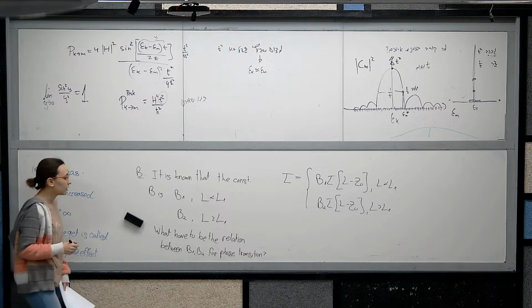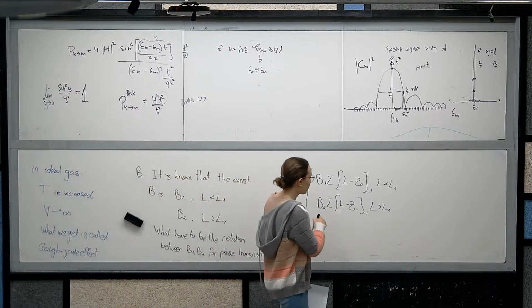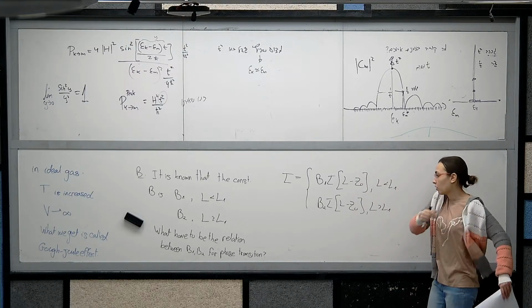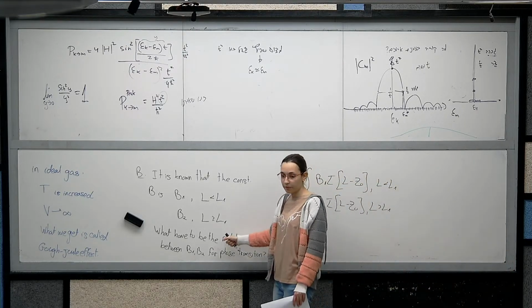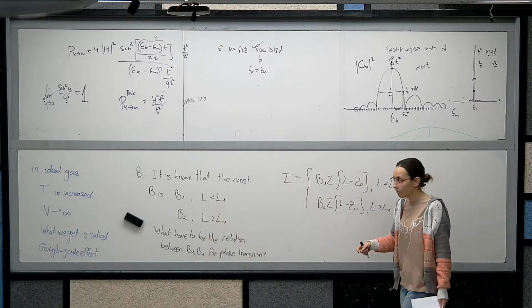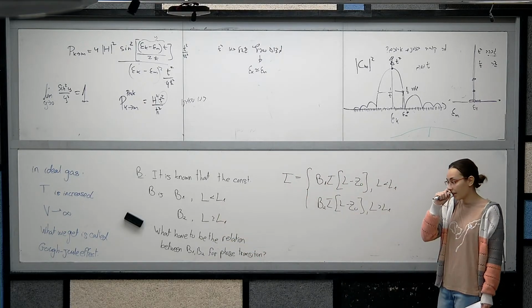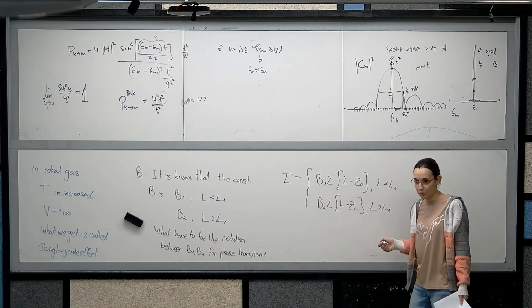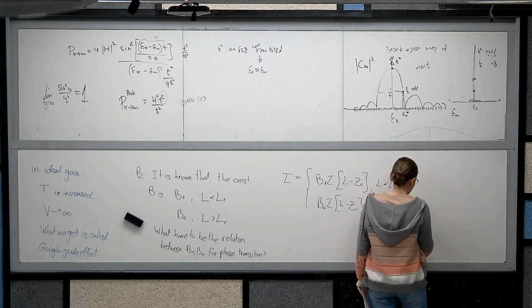So let's draw the behavior of the two phases in all the possible relations, to see how the system behaves so we can decide what we need in the relation between B1 and B2 to get a phase transition.